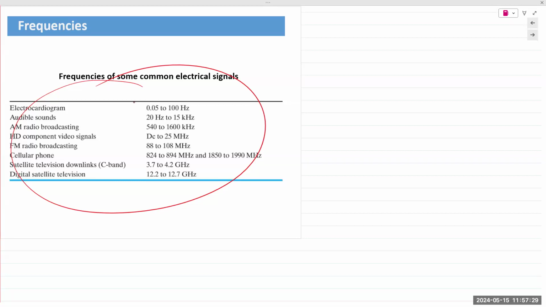And filters, electronic filters, as the name suggests, filter out unwanted signals and only allow certain signals to pass through. Meaning if you have an AT&T phone, it will only work on AT&T because there is a filter at the front end of that phone. It will block out all signals except for AT&T signals that are allowed to go through.